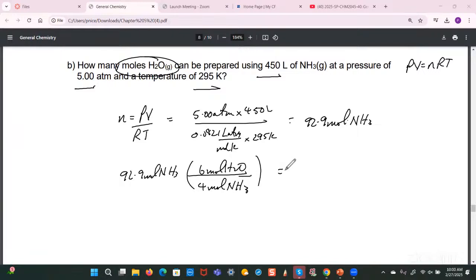And let's see what that gives. 92.9 times 6 divided by 4. So according to my calculations, when rounded off to 3 sig figs, the answer is 139 moles of H2O. And that would be the answer that the question is asking. All right? Okay, any question about this one? Questions?